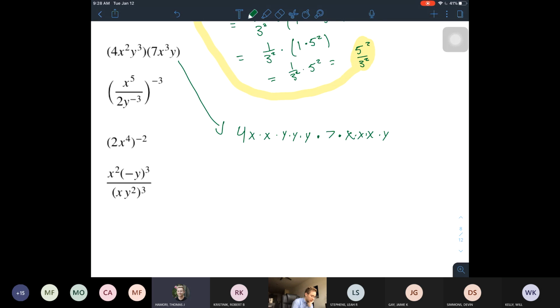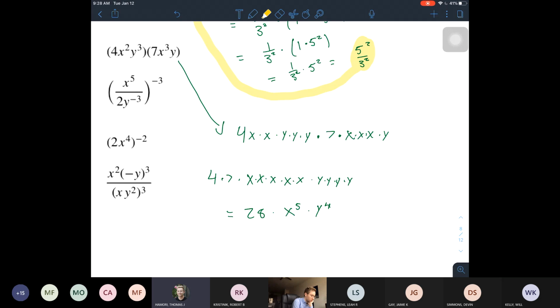And the order that I'm going to do this multiplication in is I'm going to group up 4 and 7, and I'm going to group up all the x's, and I'm going to group up all the y's. And that's going to be equal to 28 times x to the 5th times y to the 4th.